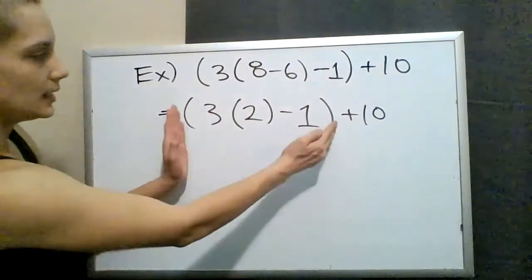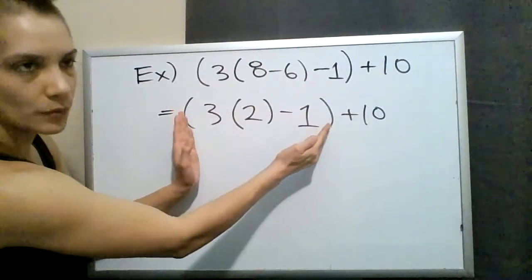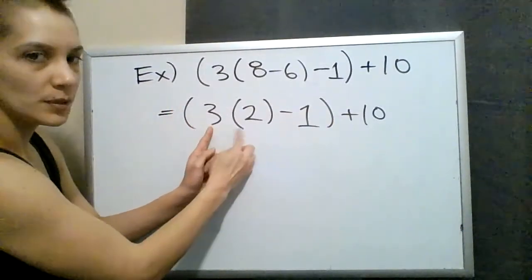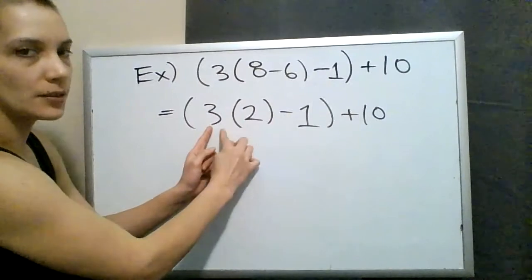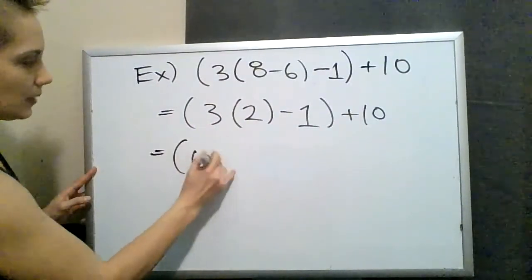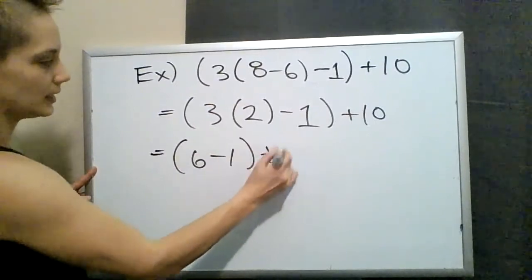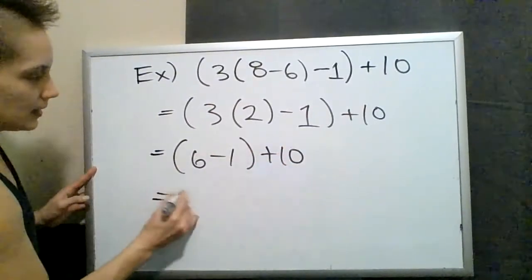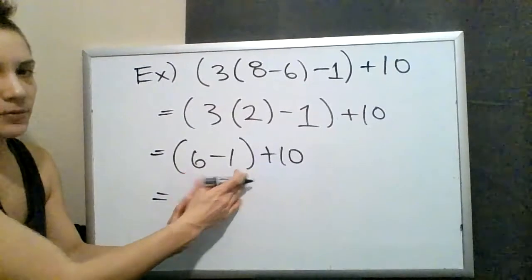Okay, so inside these parentheses, we need to multiply first and then subtract. So 3 times 2 is 6. Minus 1. Stick with your parentheses and have 5.